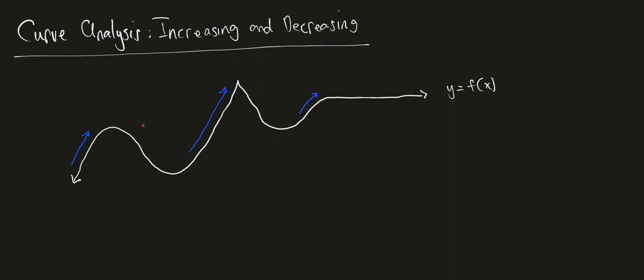And then on the flip side, we can see that there are portions of the graph where as x gets bigger, the y values get smaller, right? So as x goes further to the right, the y values go down. And here's another portion of the graph on which we would say that the graph is decreasing.